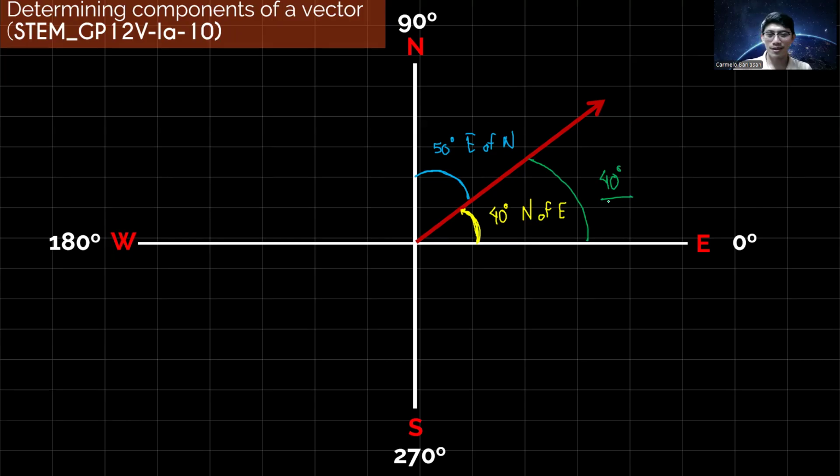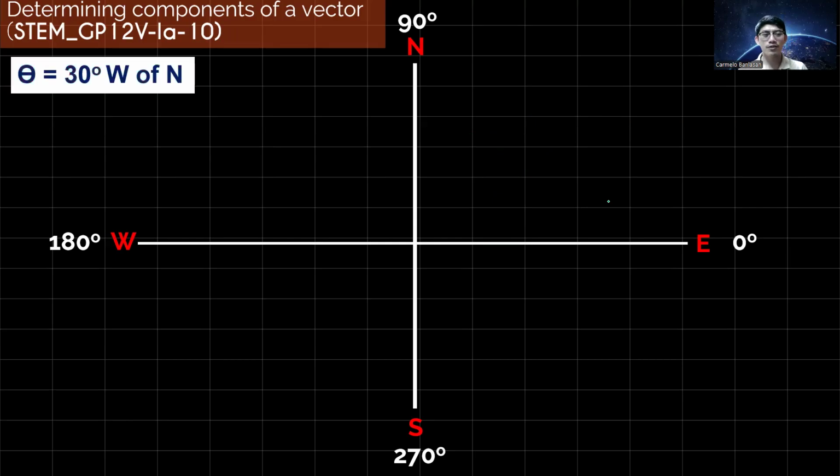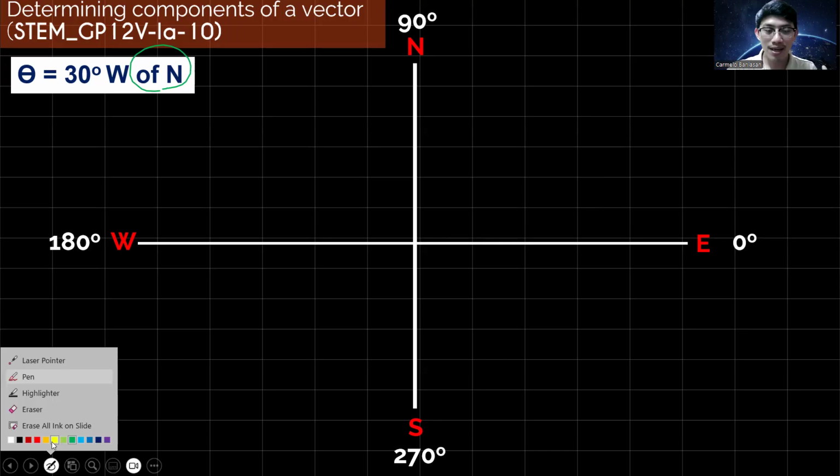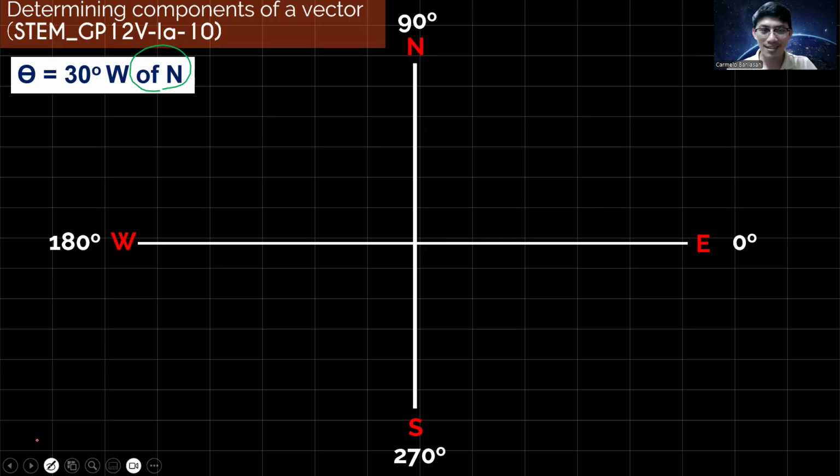Okay, let's have another example. How about 30 degrees west of north? If I give you that angle, 30 degrees west of north, what is the direction? Which quadrant will that be located in? This is off north, meaning this is with respect to the y-axis, which is north.